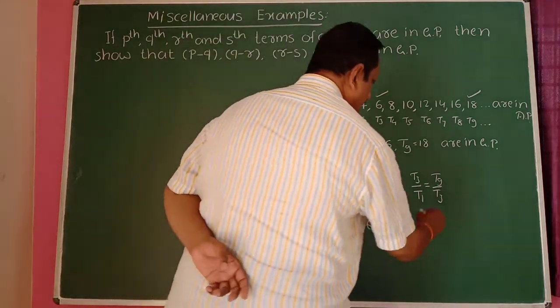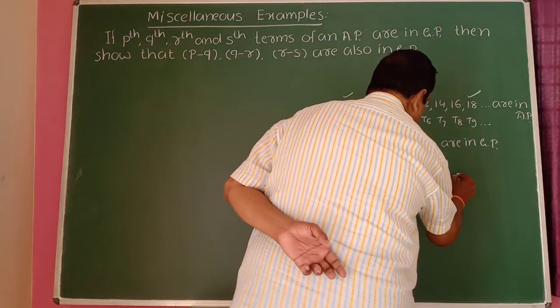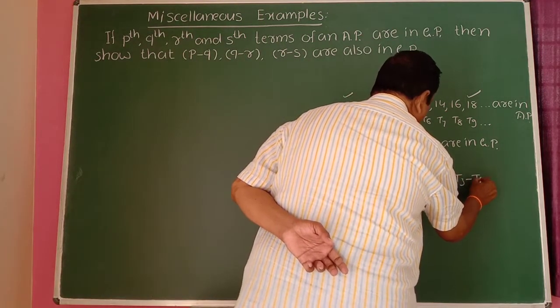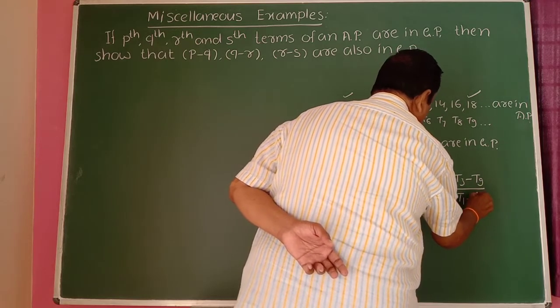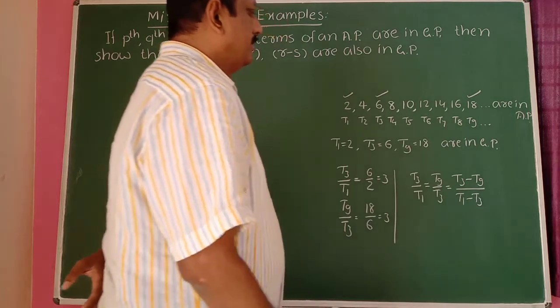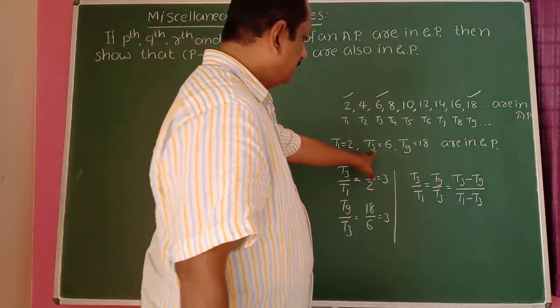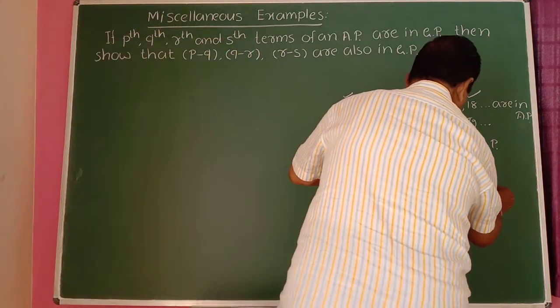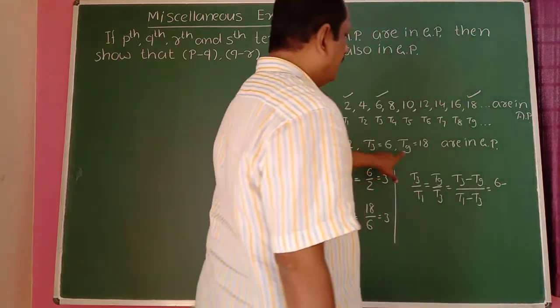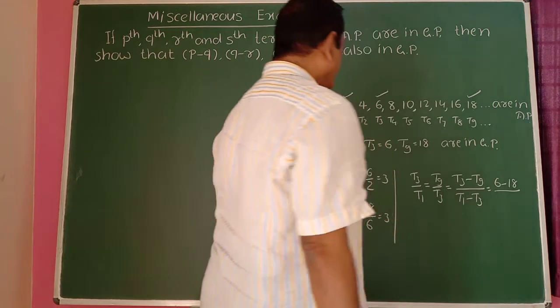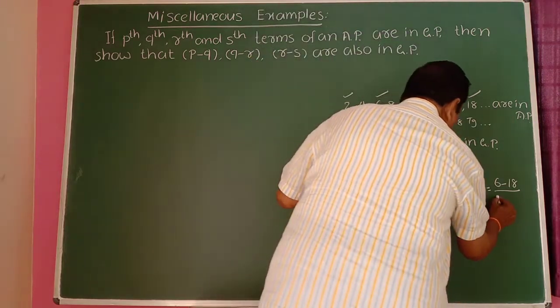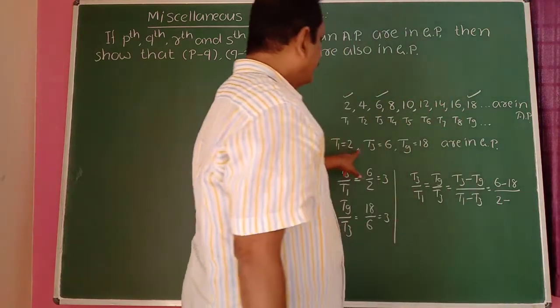Then, according to this result, you can write T3 minus T9 divided by T1 minus T3. T3 is how much here? T3 is 6, minus T9 which is 18, divided by T1 which is 2, minus T3 which is 6.